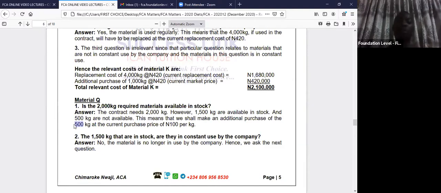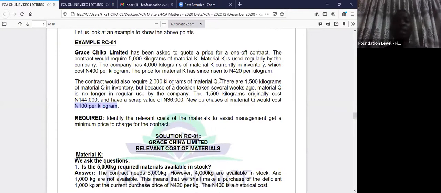What do you do to the 1,500? You ask the next question. The question is, the 1,500 kg that are in stock, are they in constant use by the company? Let's see what the paragraph says about it. We'll start from the second sentence.